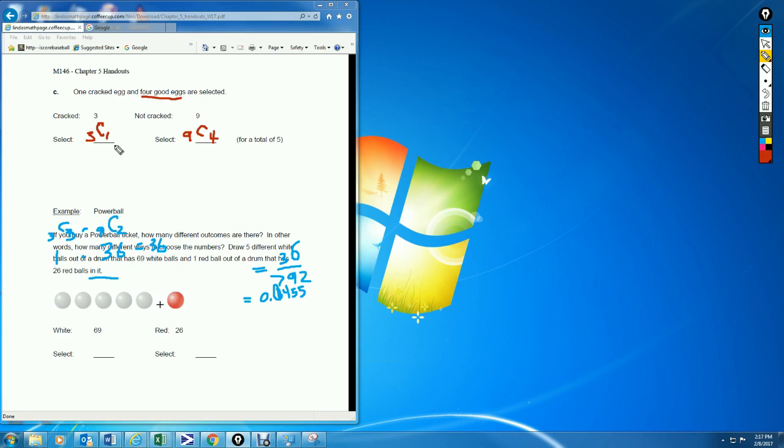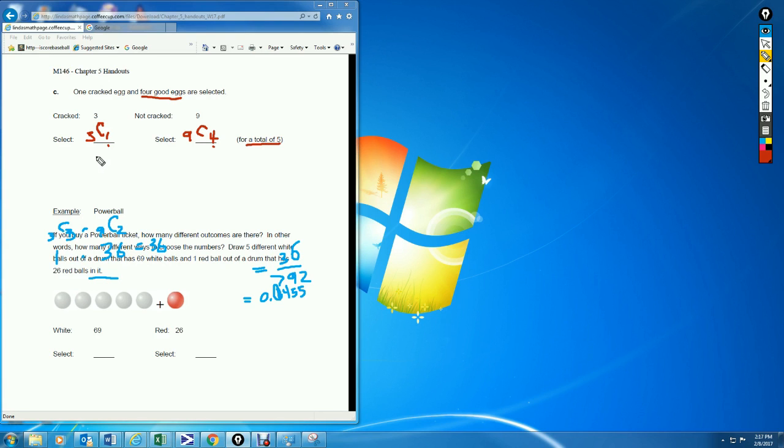Okay, so again, I want to choose 1 cracked one, 4 not cracked, sorry, for a total of 5. Okay.